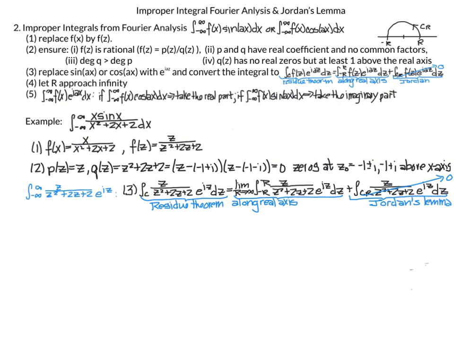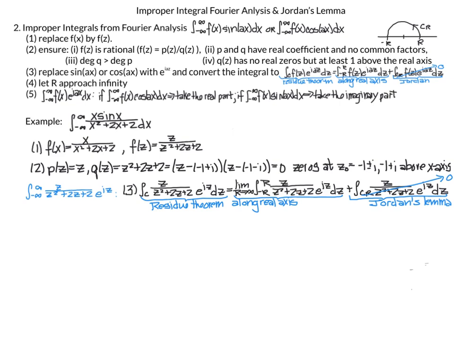So I have my contour over the entire curve C, which is the real number line and the upper semicircle, of z over z squared plus 2z plus 2 times e to the iz dz. I'm going to use my residue theorem on this portion. And then I have that equal to the integral along the x-axis, the limit as r approaches infinity, from negative r to r, of z over z squared plus 2z plus 2 times e to the iz dz.